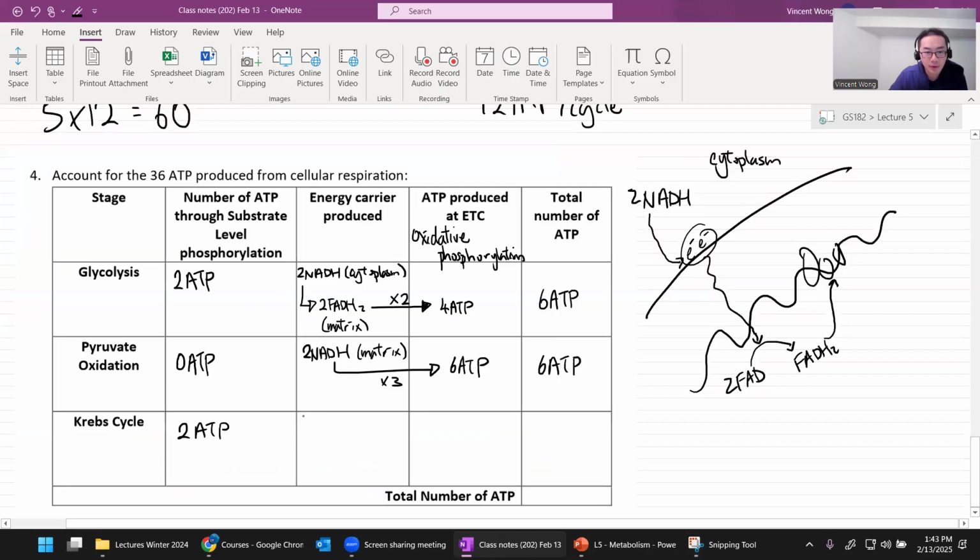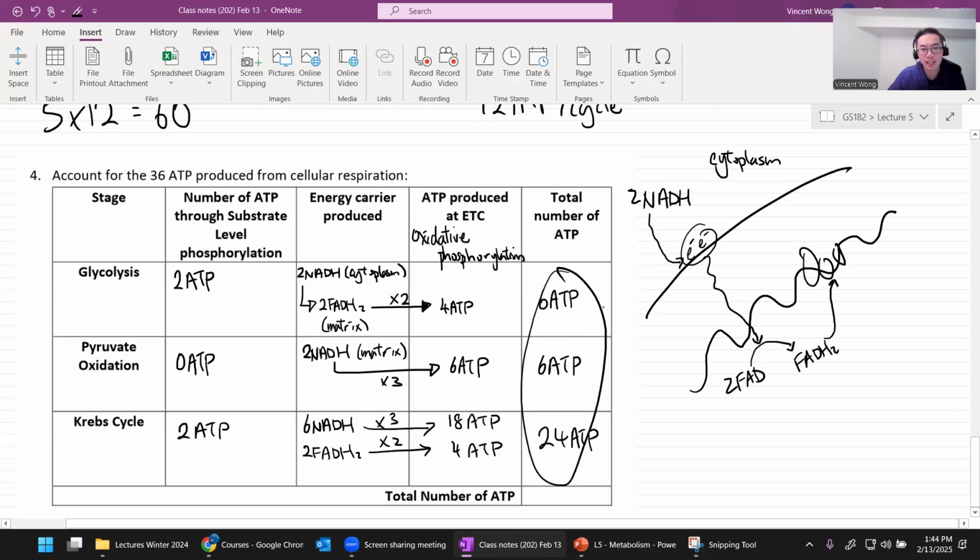So let's write down 6 NADH already in the matrix, 2 FADH2 also in the matrix. That means they can go directly to the ETC times 3 times 2. 3 times 6 is 18. 2 times 2 is 4. 18 plus 2 plus 4 is 24.